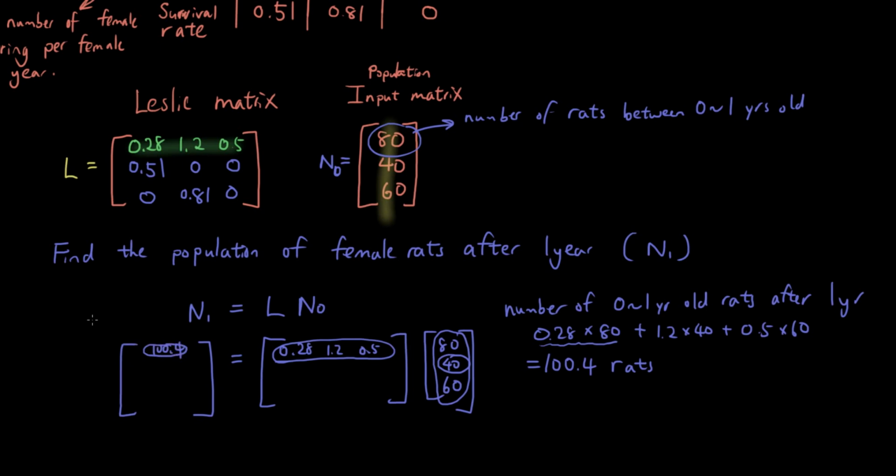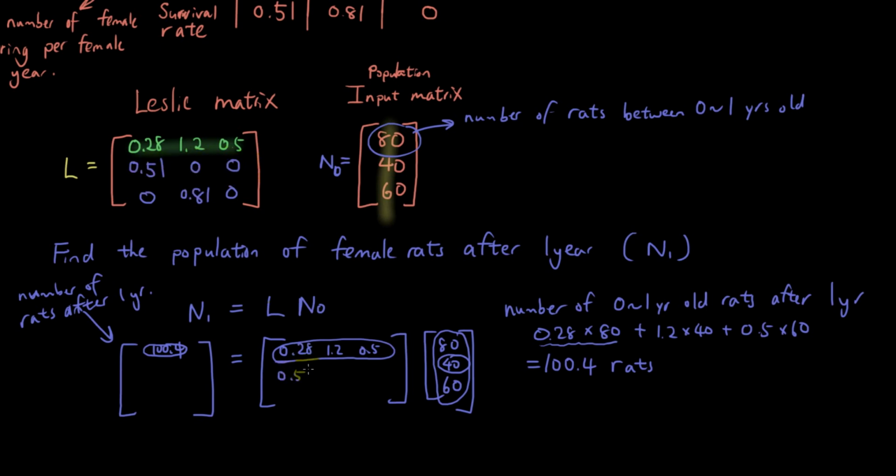So this matrix here represents the number of rats after 1 year. Okay, so let's continue with that, and let's talk about the number of rats in the second age group.